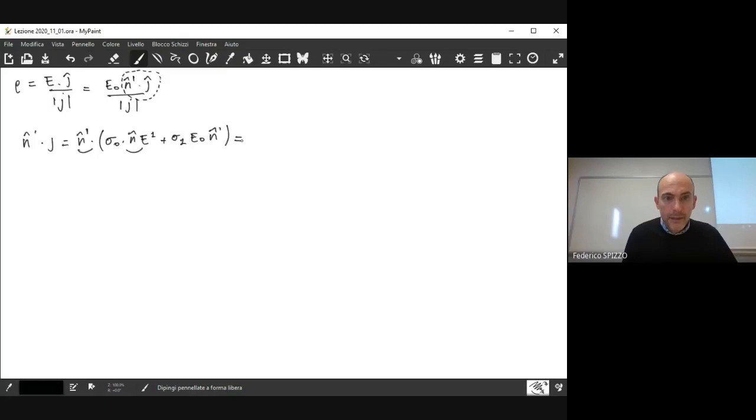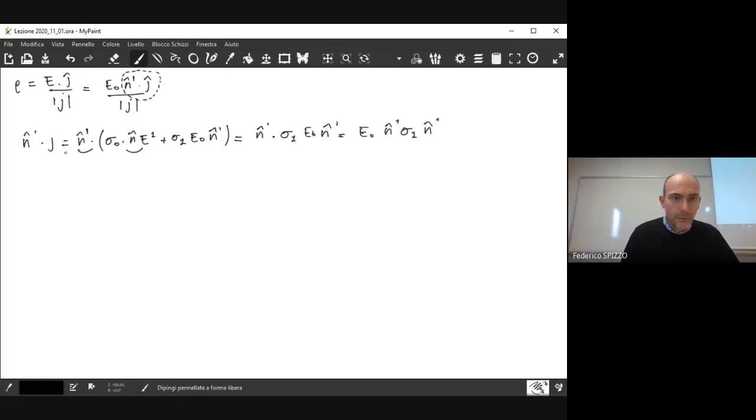So what we have here is just n prime scalar product sigma 1 E0 n prime. And since E0 is just a number, a coefficient, we may take this E0 in front of everything. So this is just E0 times n prime sigma 1 n prime.